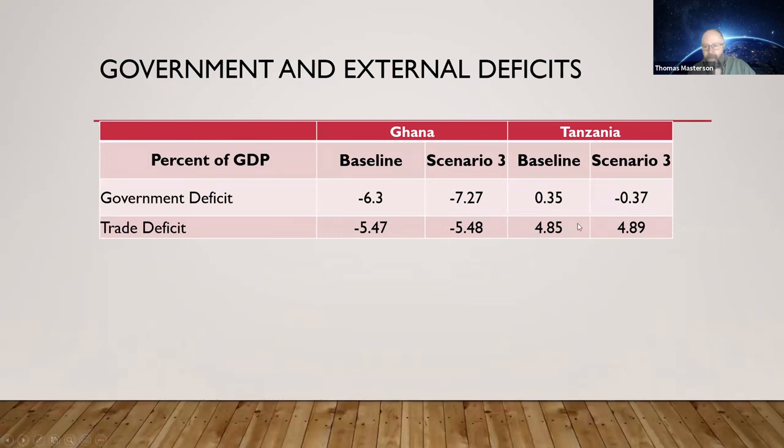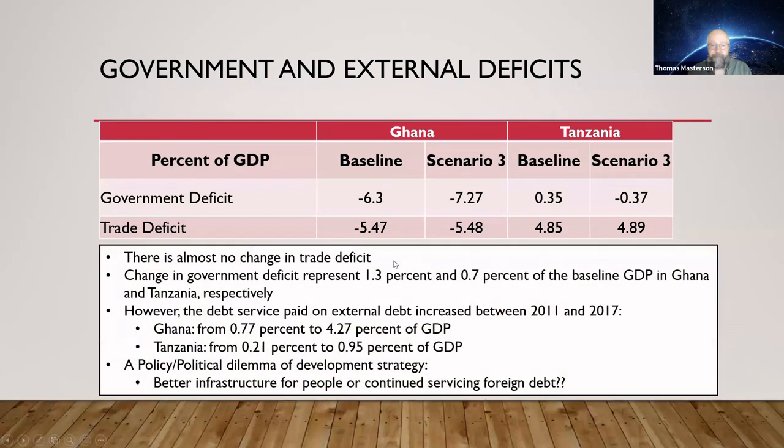For Tanzania, the trade surplus doesn't really change. For Tanzania, the government was running a surplus, but that would become a deficit of 0.37% of GDP. So there's almost no change in the trade deficit.